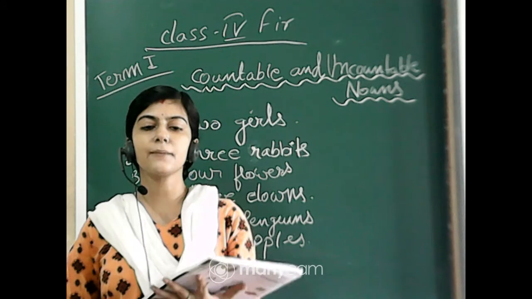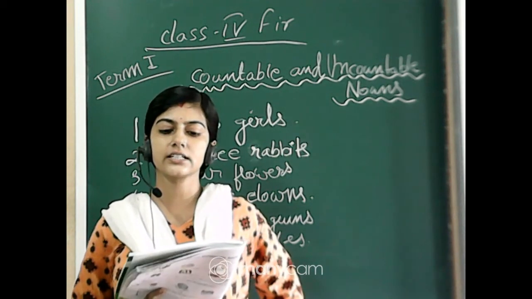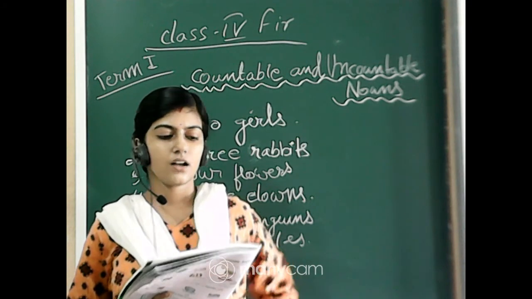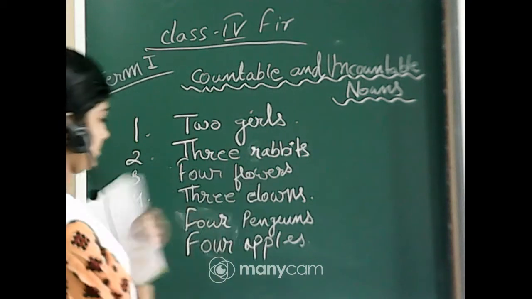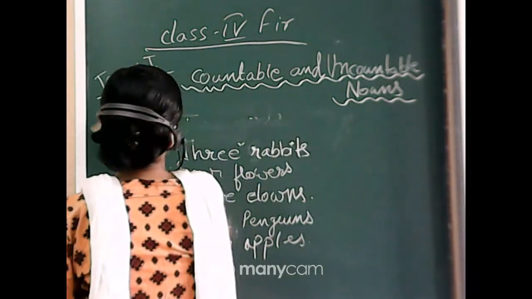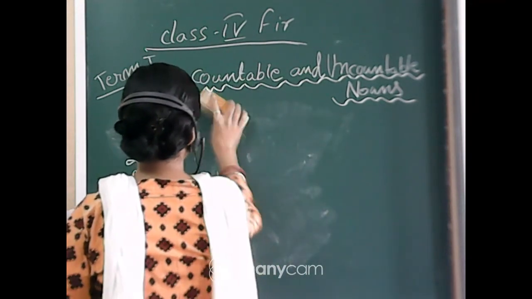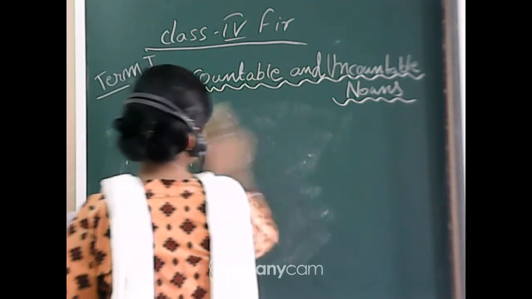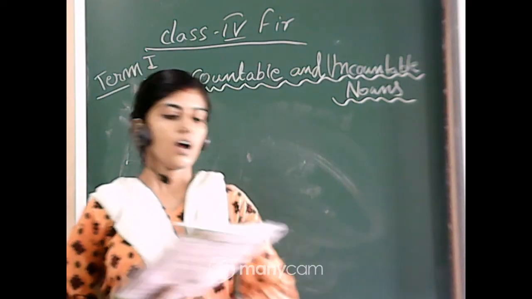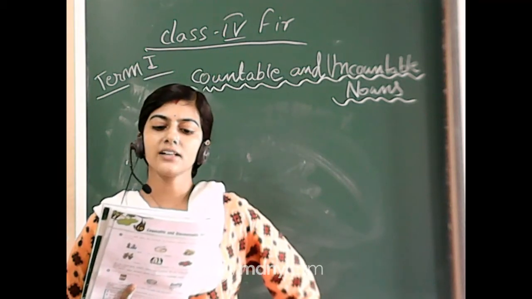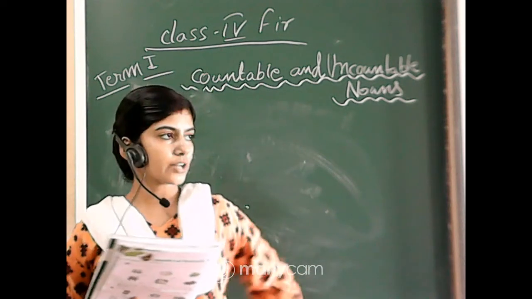So come to page number 23, exercise C. Write C for countable nouns and U for uncountable nouns, okay?